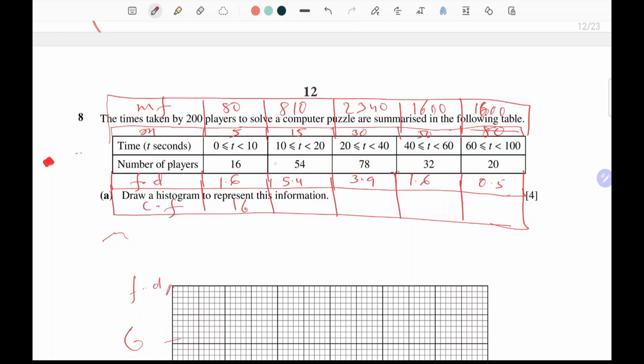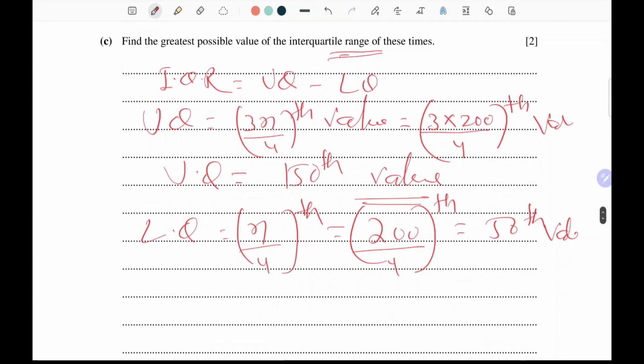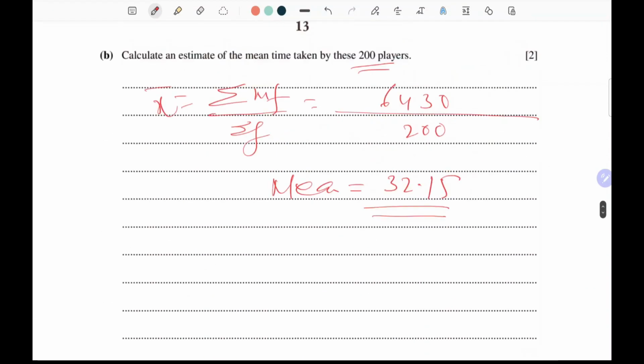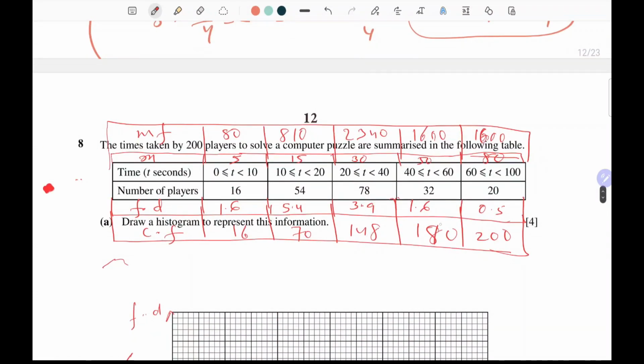This is 16, then add these two together, 16 plus 54, that is 70. Then this is 148, now add 148 plus 32, that is 180, and 20, that's 200. Okay, great. Now the upper quartile will be the 150th value. So where will 150 come? This is 148, so 150 will come in this one, guys. So 40 to 60, right?